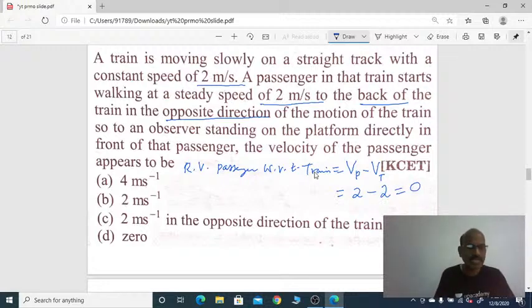Since the train is moving in one direction and the passenger walks in the opposite direction, for the observer standing on the platform the velocity of the passenger appears to be 0. For him, it appears there is no movement. So the relative velocity is 0, and the correct option is D.